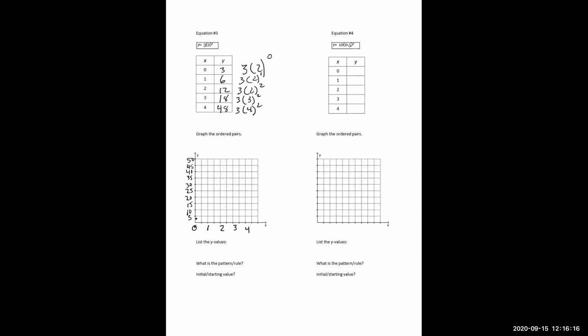Plotting up my points. Now we're going to have to do a little bit more estimating. So here we are at 0, 3. Right. Then we're at the point 1, 6. That's like right here. All right. Now I have the point 2, 12. So up right there. Oops.